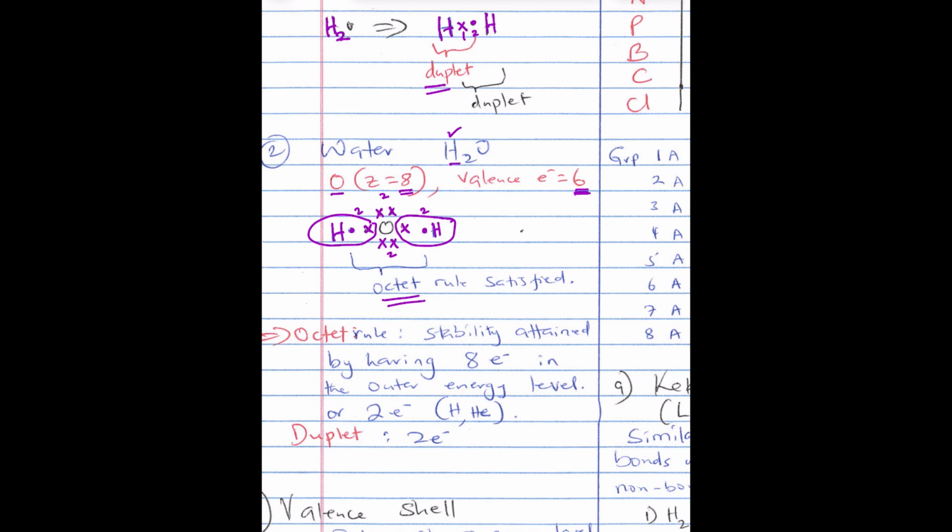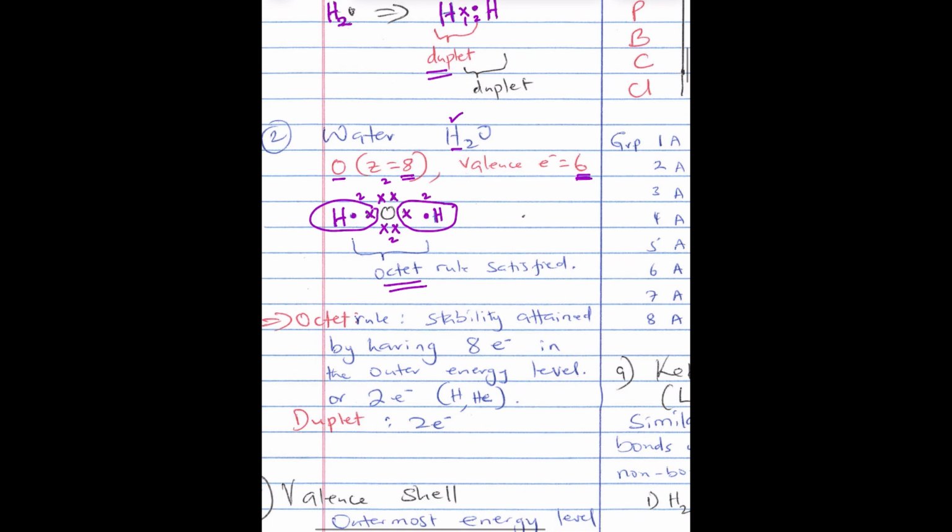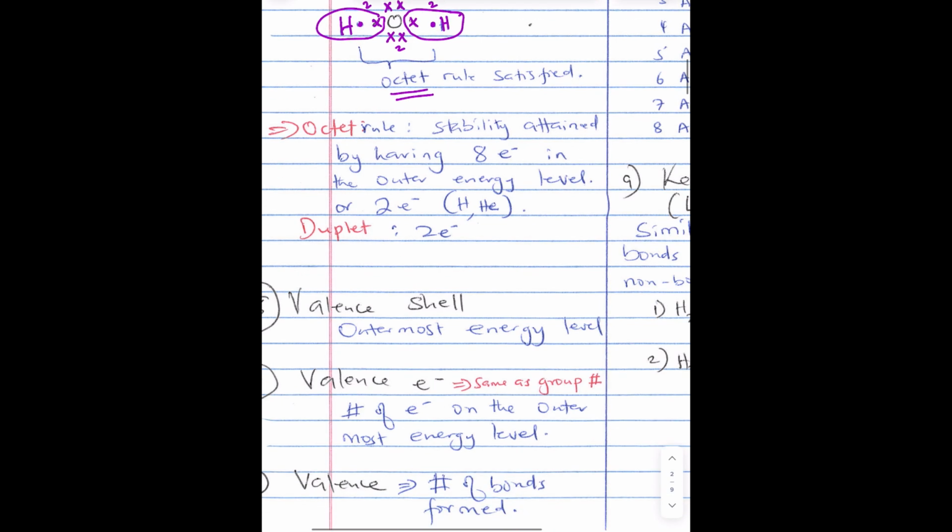And in order to do that, they end up sharing electrons, and therefore you end up with 8 electrons. So the octet rule says that stability is attained by having 8 electrons in the outer energy level. And then the duplet rule says 2 electrons. And for the duplet rule, it's only hydrogen and helium that satisfy that. All the other elements in the periodic table will satisfy the octet rule.